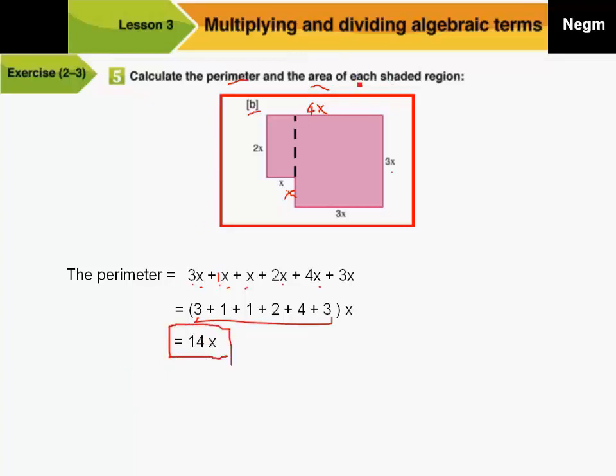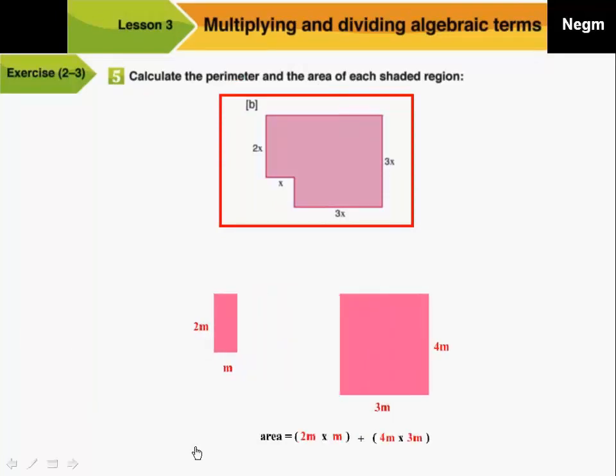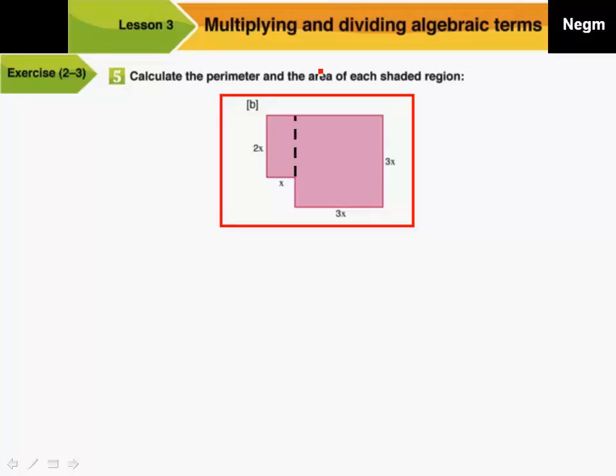And we have been asked also to calculate the area of the shaded region. Okay, this shaded region can be divided into two shapes, this one and that one.